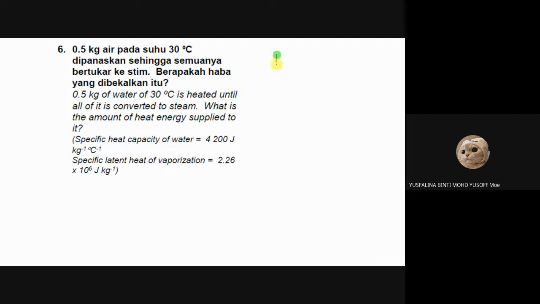The 30, you already know, and you already know the boiling point is 100 degrees Celsius. So the temperature starts from 30, and it needs to reach 100 first. Then after that it can change to steam.